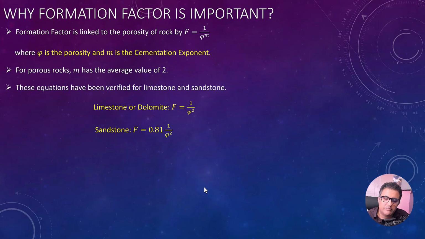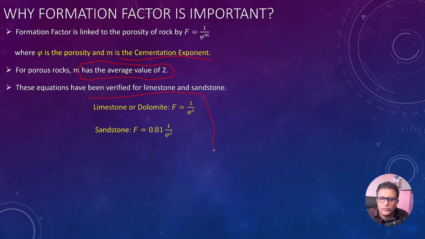Because it is linked to porosity using this equation, F = 1 over phi to the power m, where phi is the porosity and m is the cementation exponent. It has been reported that for most porous or sedimentary rocks, it has an average value of 2.